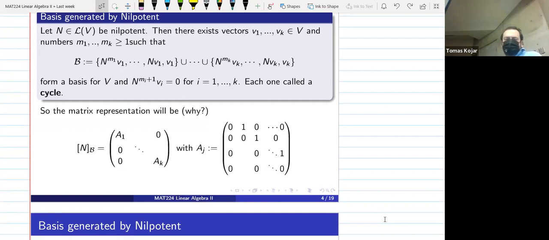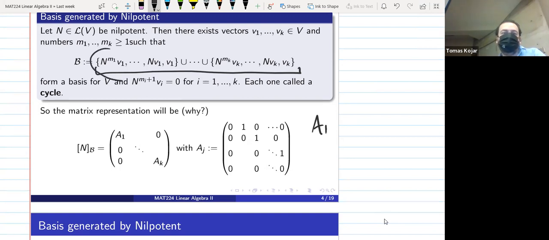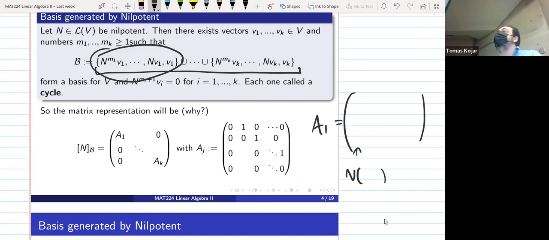So I think we talked about this. The matrix representation implied by this is the following. You have to write them in decreasing powers because you want upper triangular. So let's look at A1. A1 corresponds to the first cycle. In the first column, we have N of who? Who do I have to compute here?